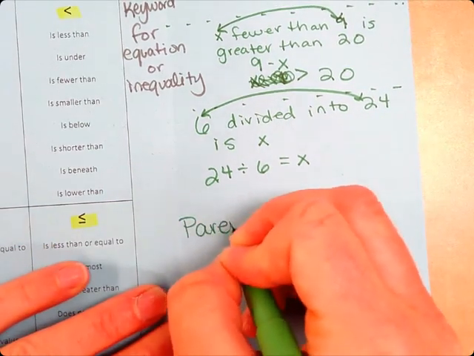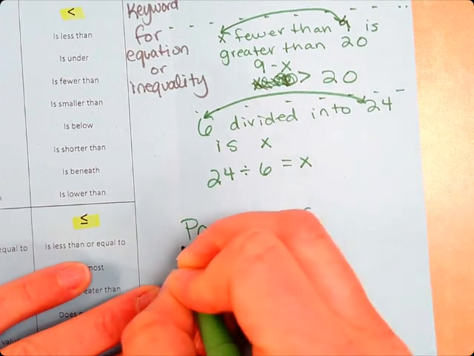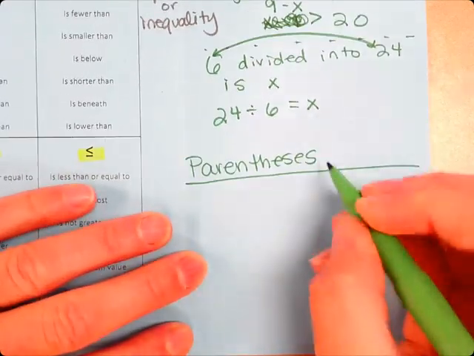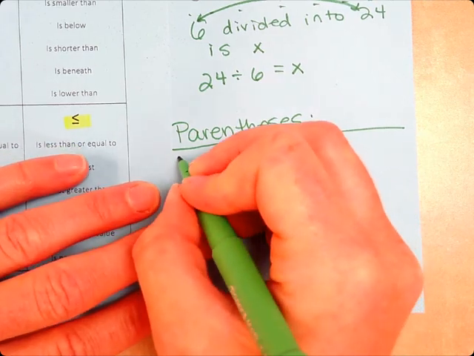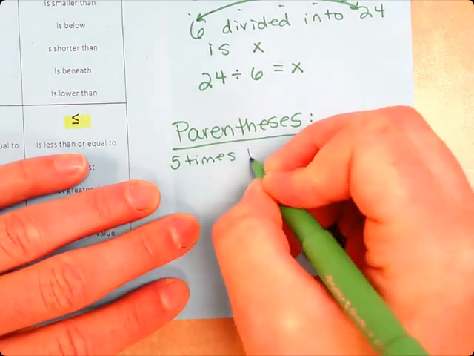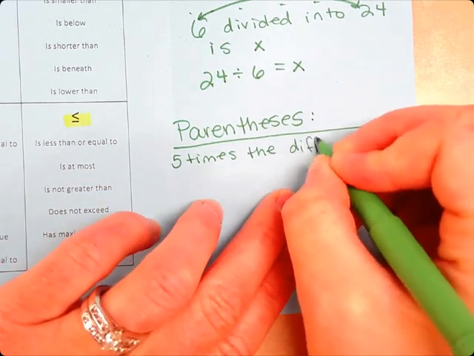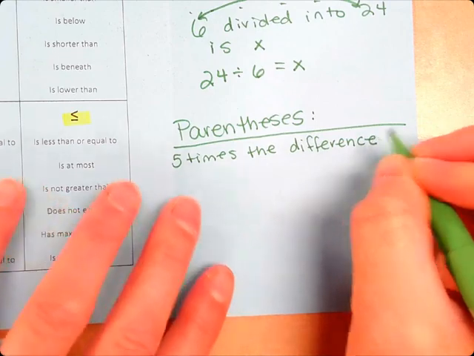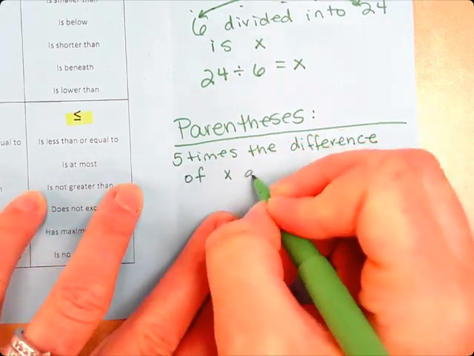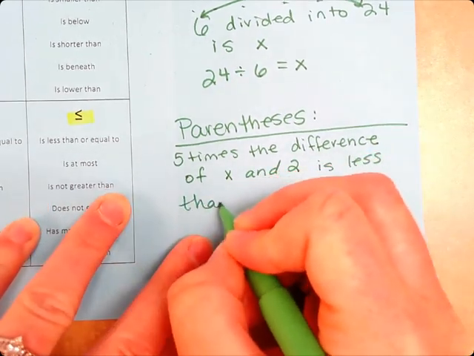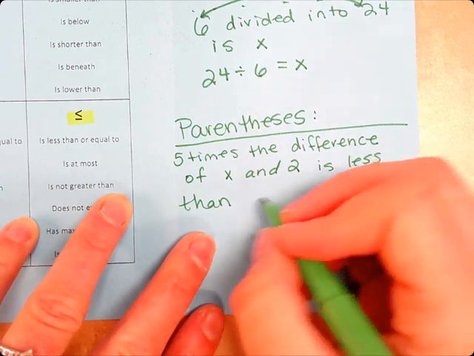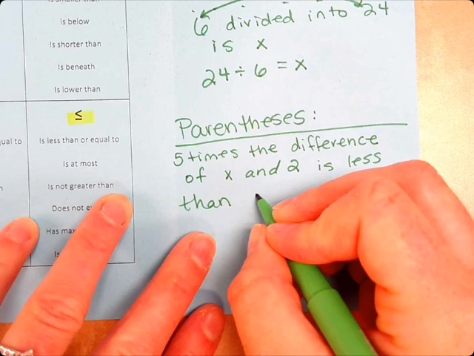And then we'll do one of the parentheses ones. Five times the difference of x and 2 is less than 24.